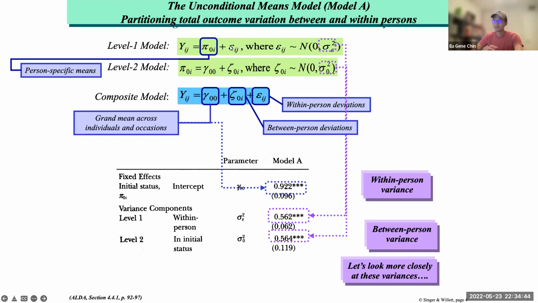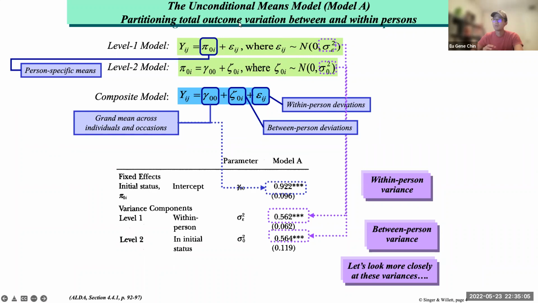Because of this epsilon ij over here, you are allowing each person to have some variation, but you're not allowing any type of slope that goes together with time. So this is not really a model that is representing any type of relationship between time and your outcome of interest here.